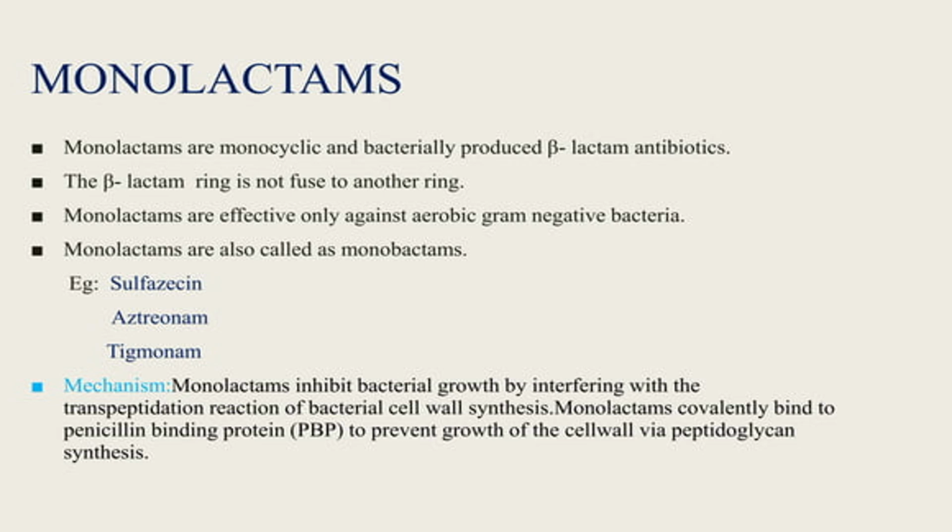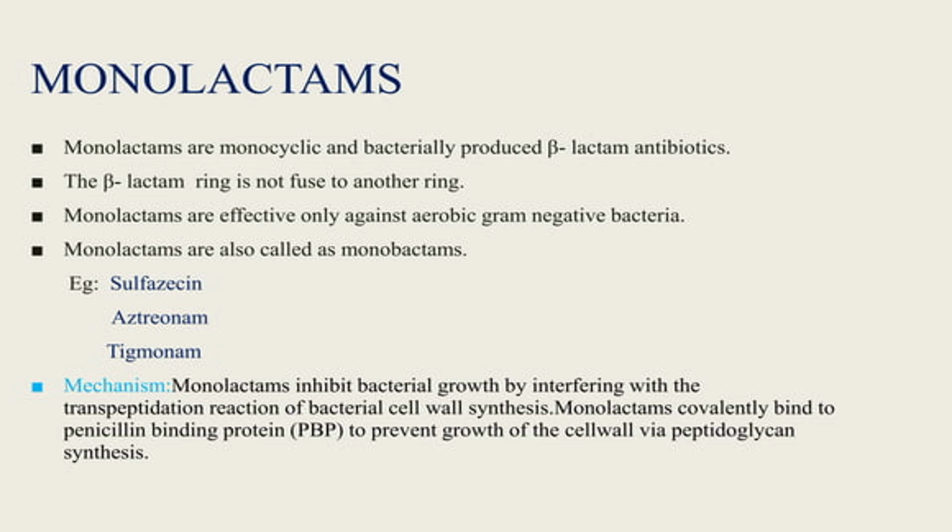Monolactams inhibit bacterial growth by interfering with the transpeptidation reaction of bacterial cell wall synthesis. Monolactams covalently bind to the penicillin binding protein to prevent growth of the cell wall via peptidoglycan synthesis.